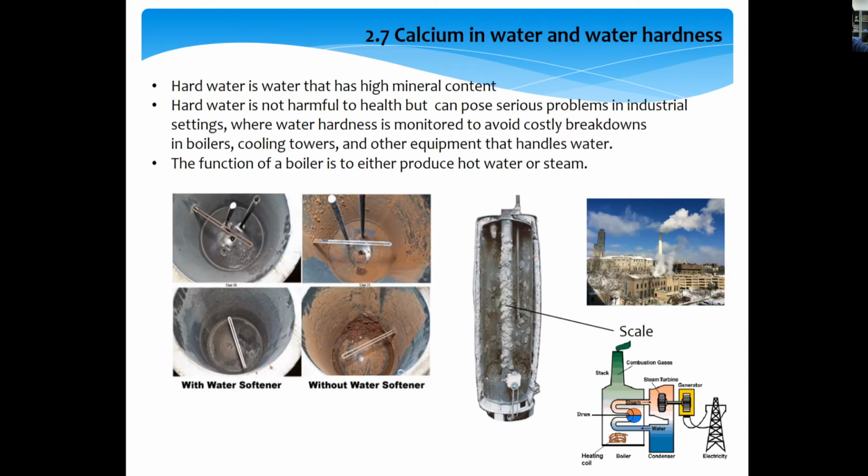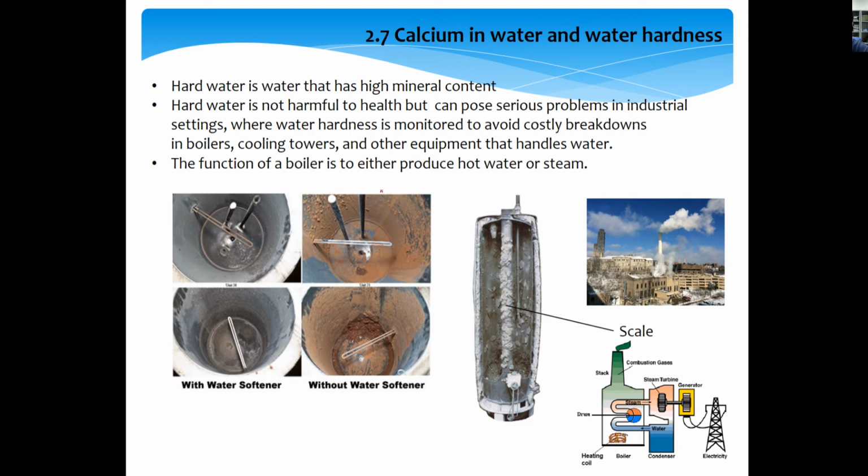Okay, is hard water harmful? Basically, it just contains minerals. Calcium is not harmful to us. But it will be harmful to industrial processes, especially industries that involve the usage of boilers or cooling towers.